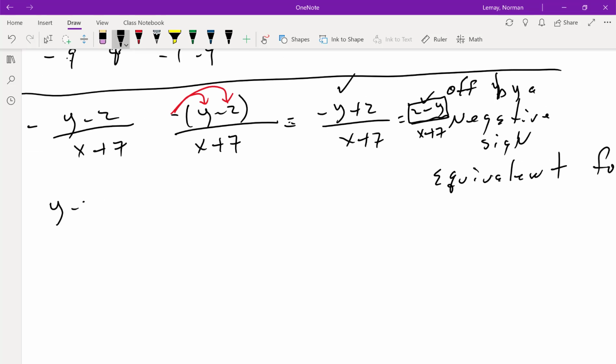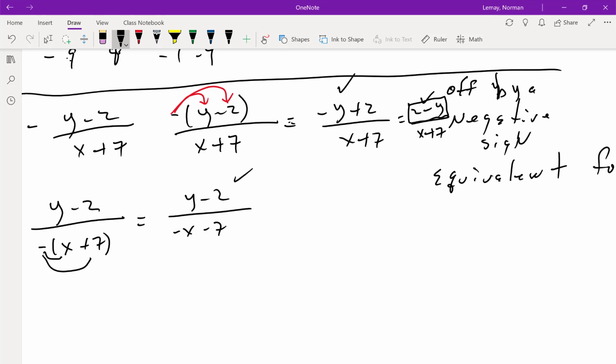So I get y minus 2 divided by negative x plus 7. In this case, I can rewrite this as y minus 2, and again distribute the negative across, so we get negative x minus 7. So there's the third form. Or I can rewrite this as y minus 2 over negative 7 minus x. And there's the fourth form.